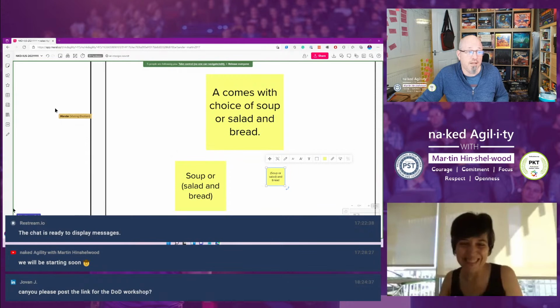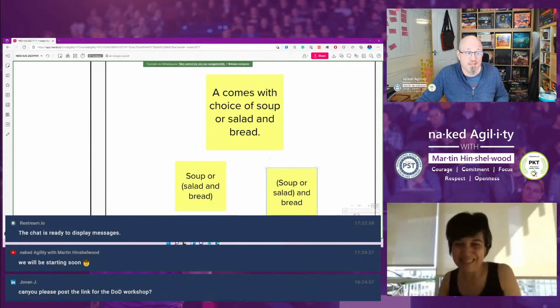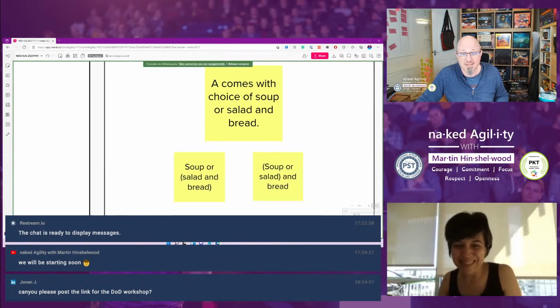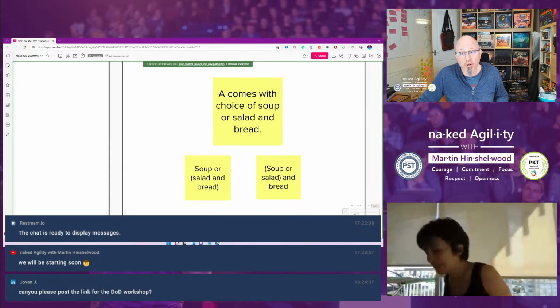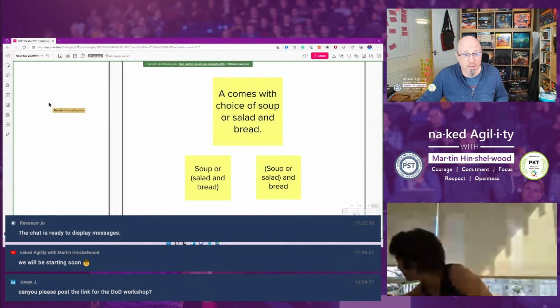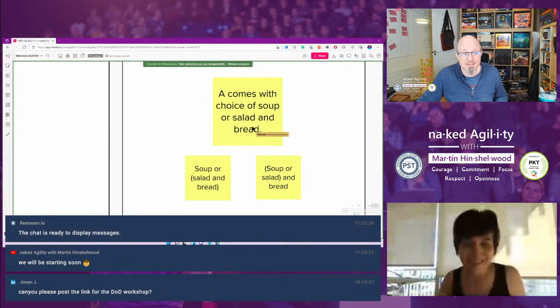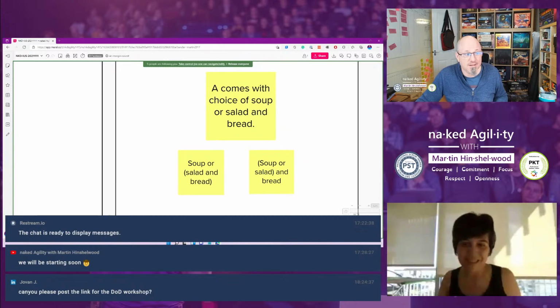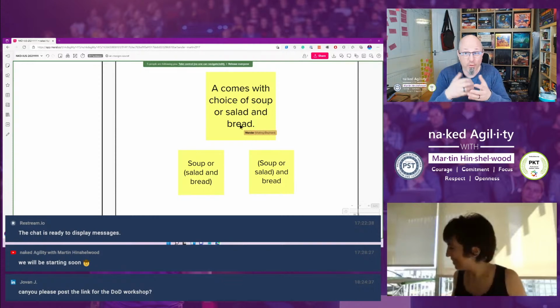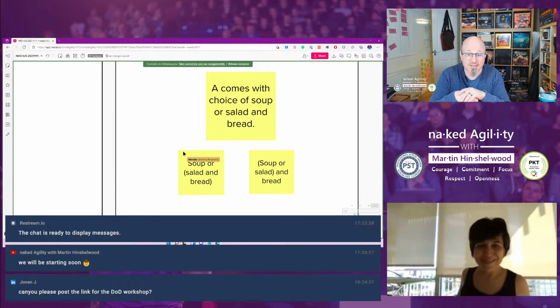Or it could be this. Couldn't it? Right? The written word sucks for specificity. I may or may not get bread with my choice, depending on which one it is. So take that into account.